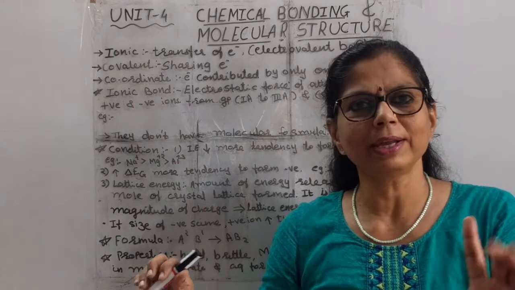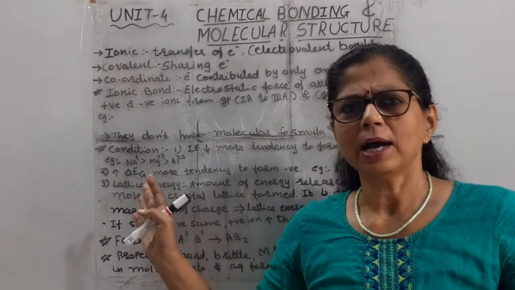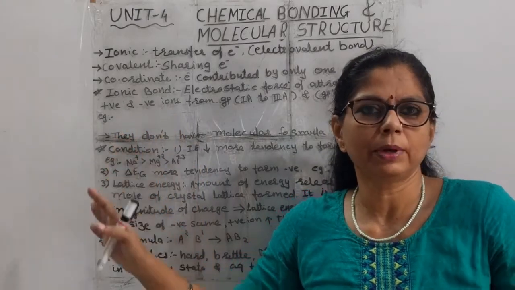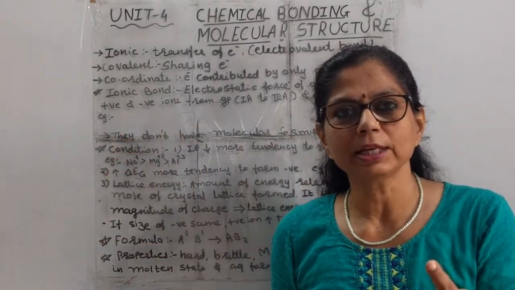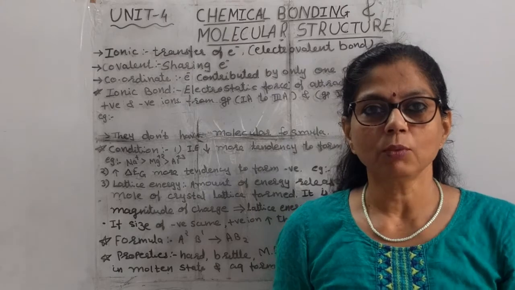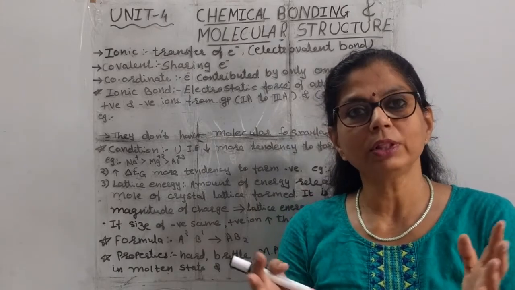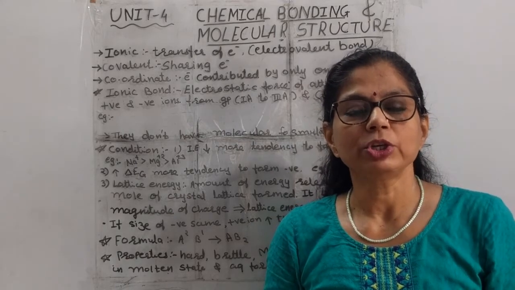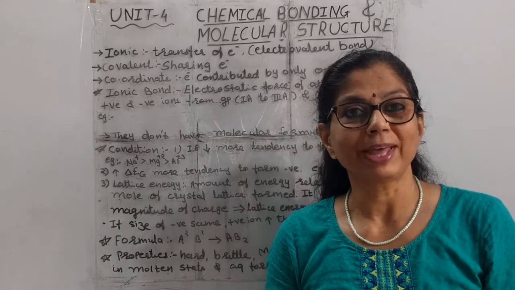As I said, only one atom is ready: "Yes, I am a very good donor. I have it, take it." So only one atom is contributing its electrons to the other atom which is going to take part in the formation of the molecule or compound.